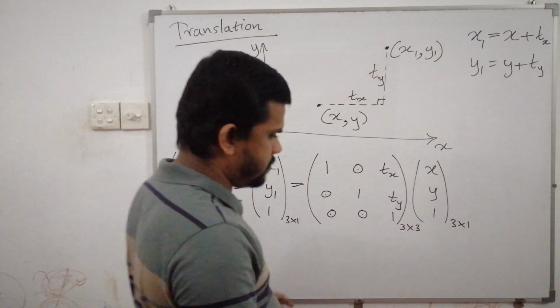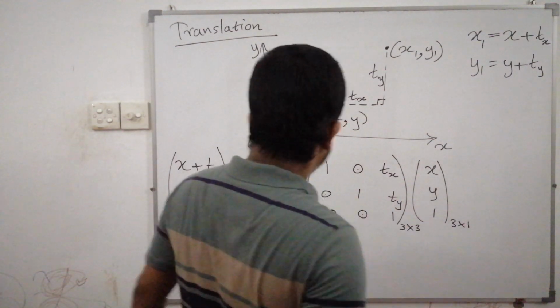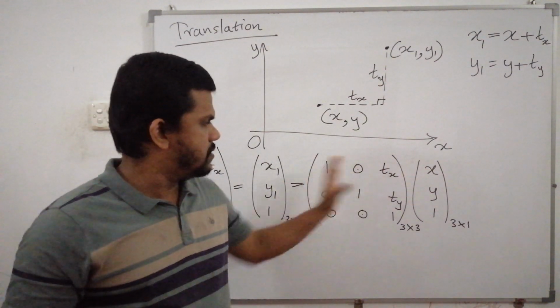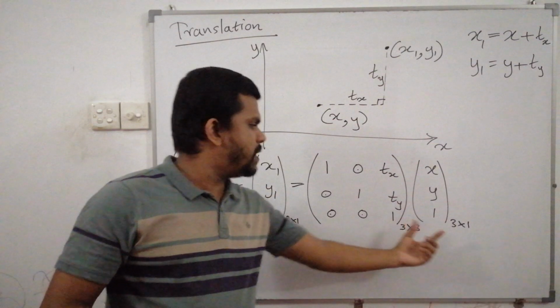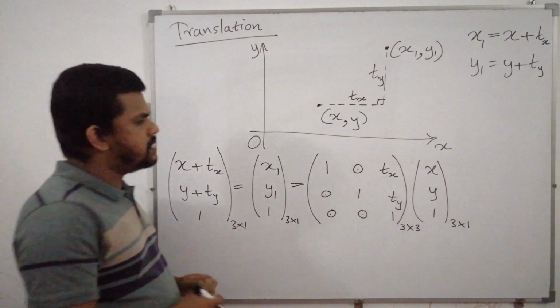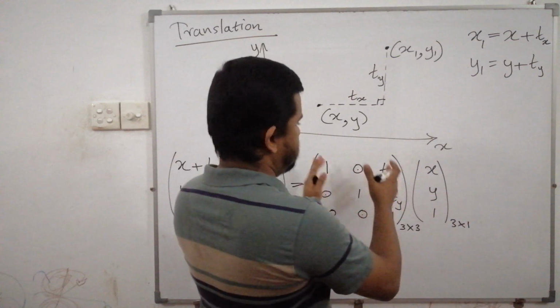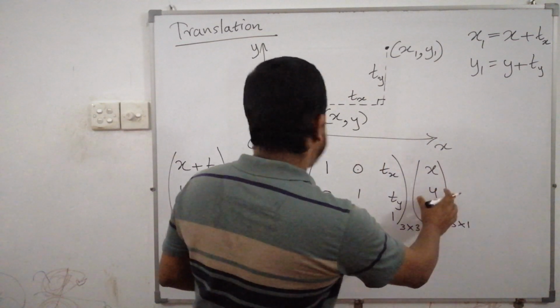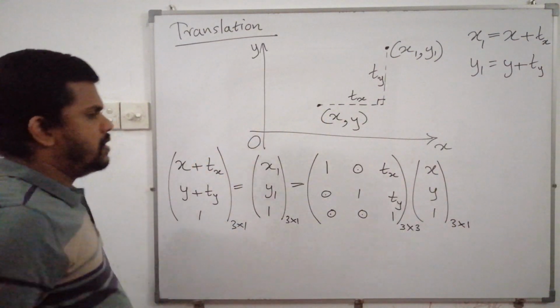So now, if we multiply these two matrices, we get this one. In other words, this matrix can transform this one to this.